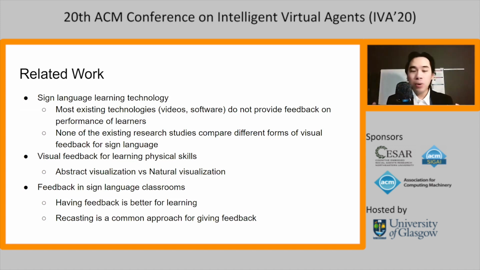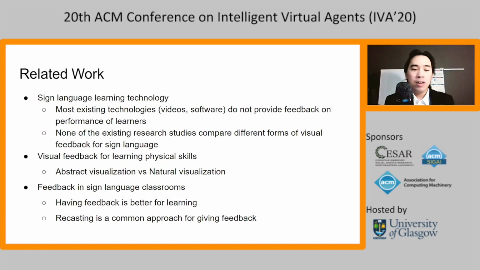We also look at feedback in the sign language classroom with a human teacher. One of the things to mention is that having feedback is better for the learning process of the student. And recasting is a common approach for giving feedback in the classroom.